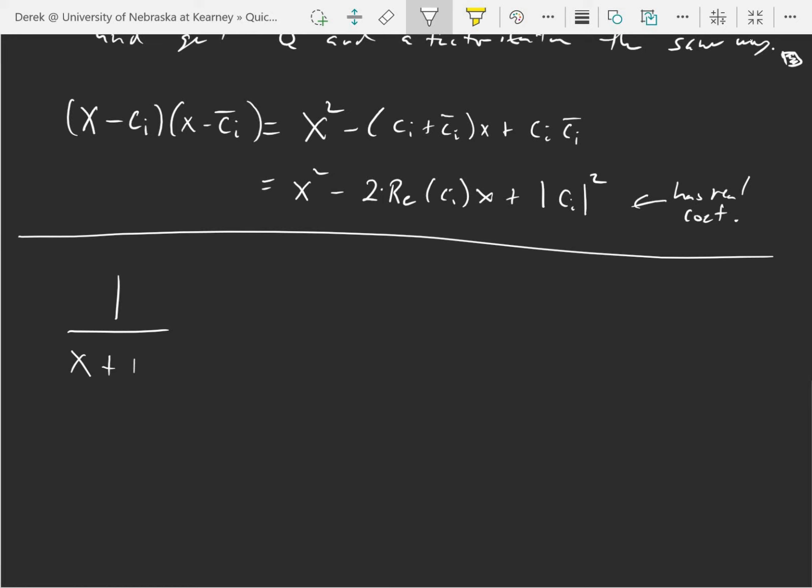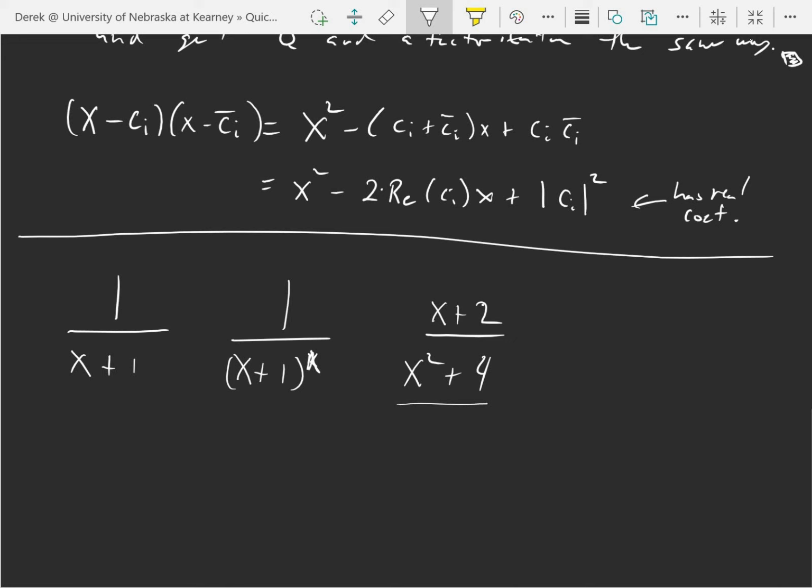We can integrate 1 over x plus 1 to the k. That's not so bad. We can integrate x plus 2, for example, over x squared plus 4. This is an irreducible quadratic. It's one of the quadratics you would get from having two imaginary roots.